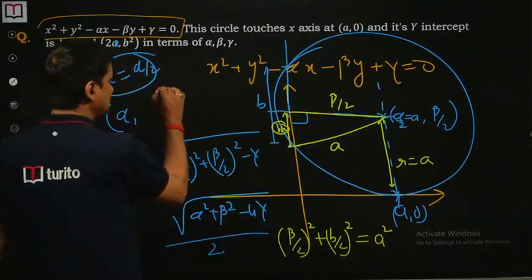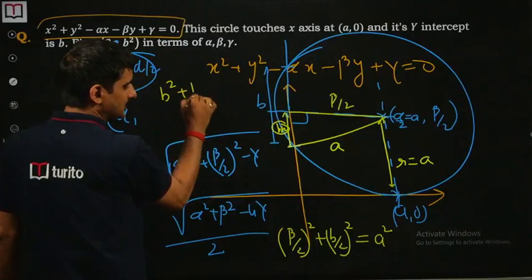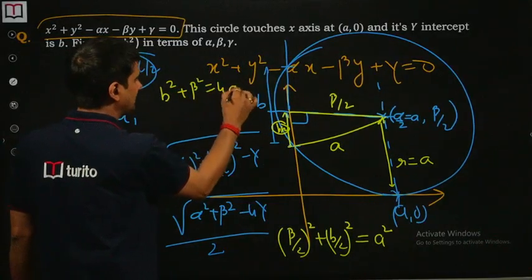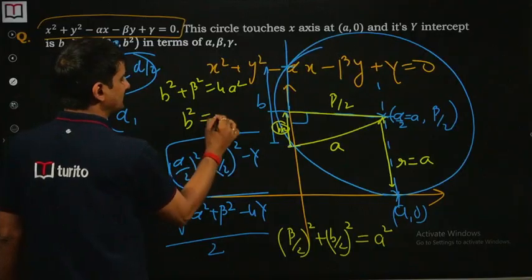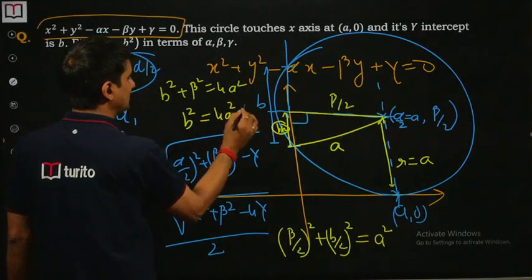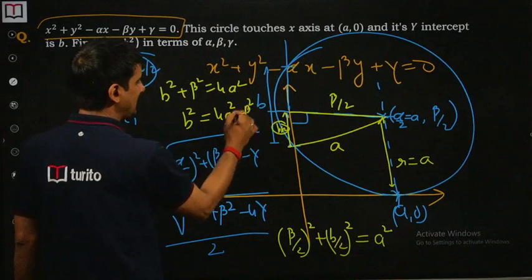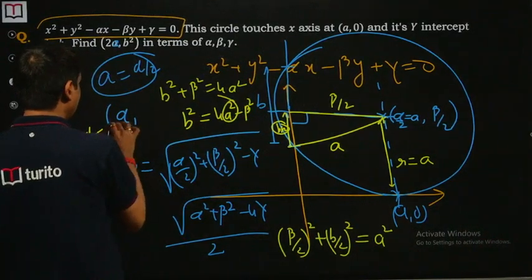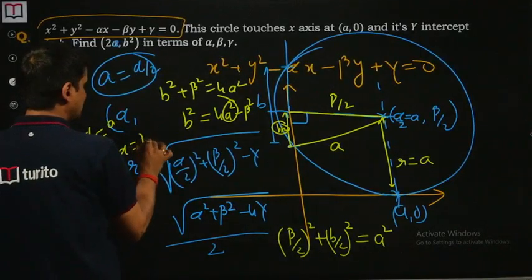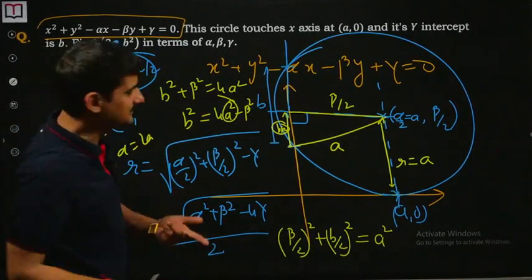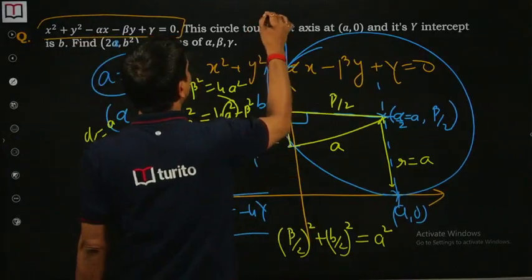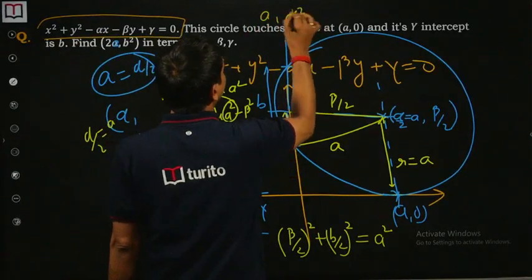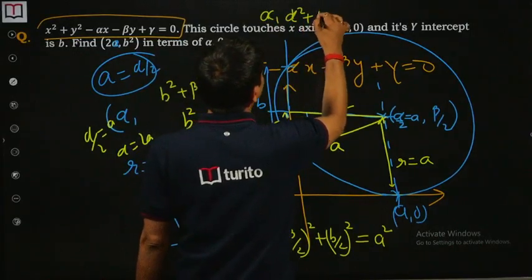So we have a relation: b square plus beta square is equal to 4a square. We need b square, which is 4a square minus beta square, and alpha by 2 is a, so alpha is 2a, so alpha square minus beta square, and that's it. So the answer is a comma alpha, and alpha square plus beta square.